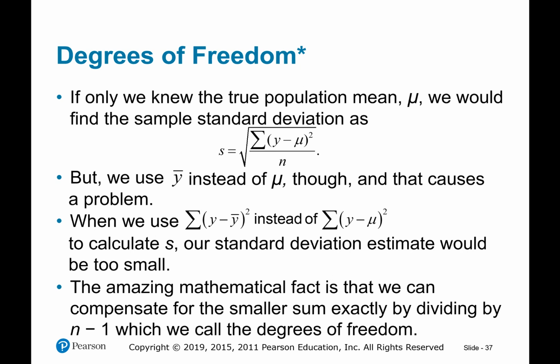Then you take the square root of the variance, and that gives you the standard deviation. But we don't know mu, so we're going to use either x bar or y bar.